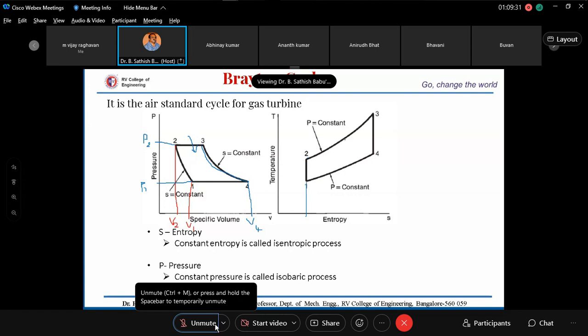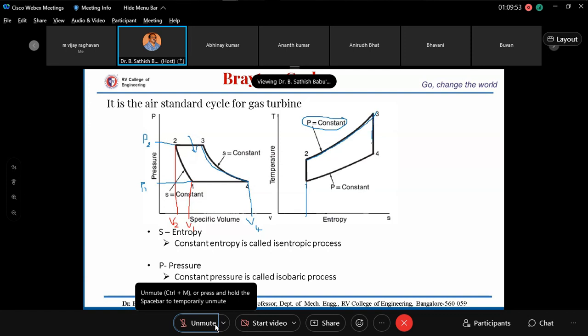So 2 to 3 is the combustion region, which is a constant pressure combustion process. That is why it is written as P is constant. Since it is a combustion process, heat addition is taking place, so temperature increases from 2 to 3. Then again, in 3 to 4, we have the turbine region where the expansion takes place.